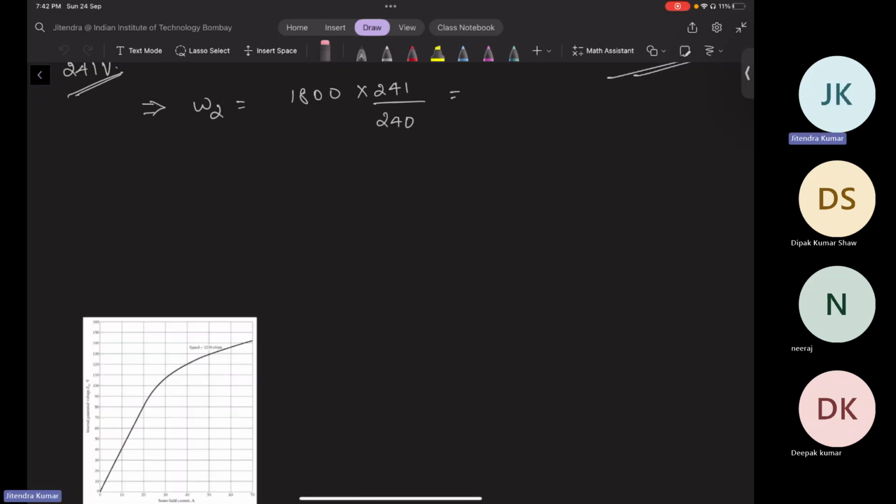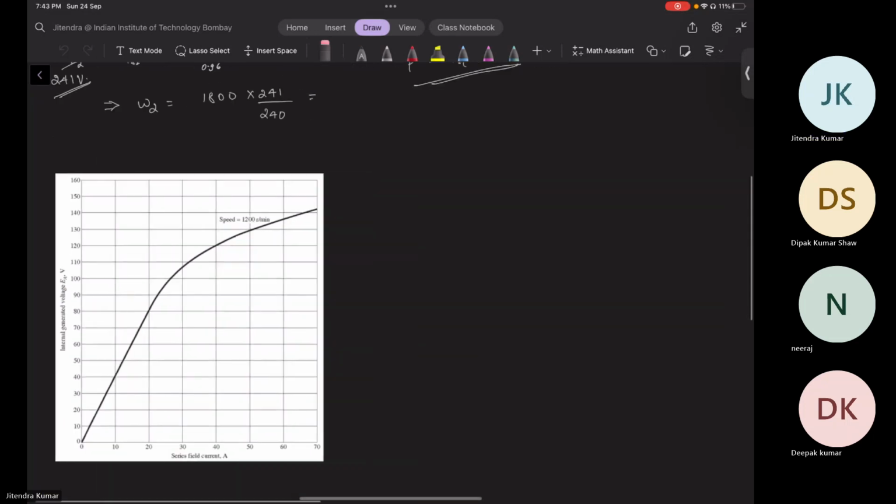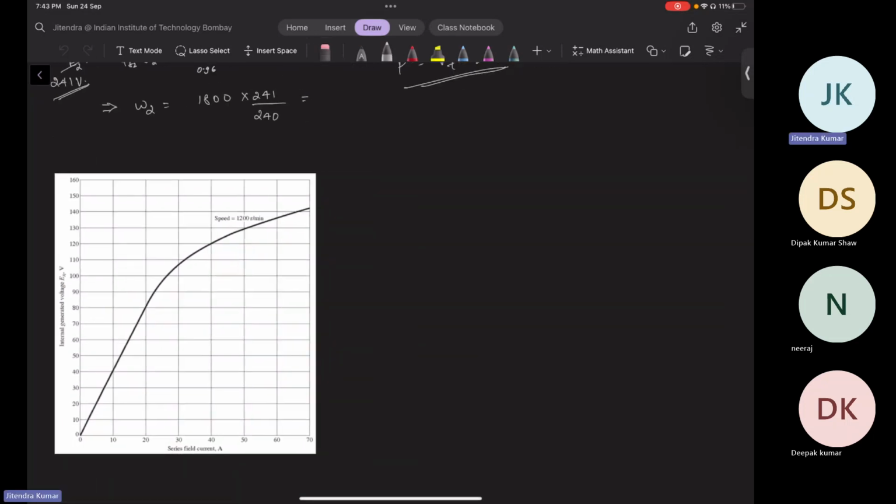Now this magnetization curve So let me provide you the data.